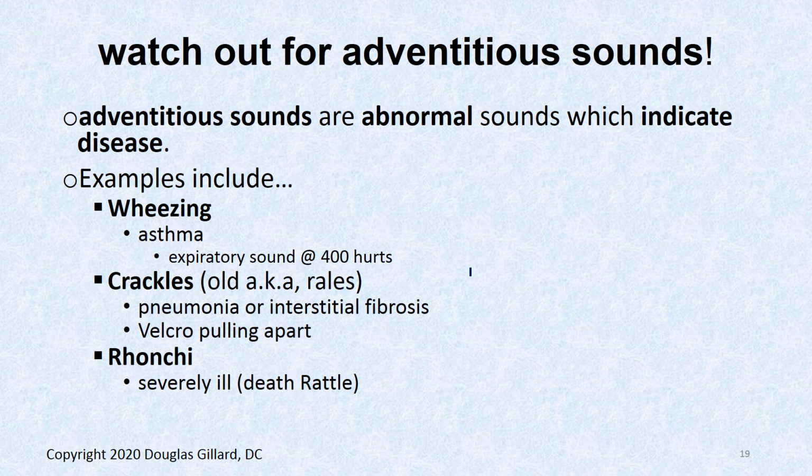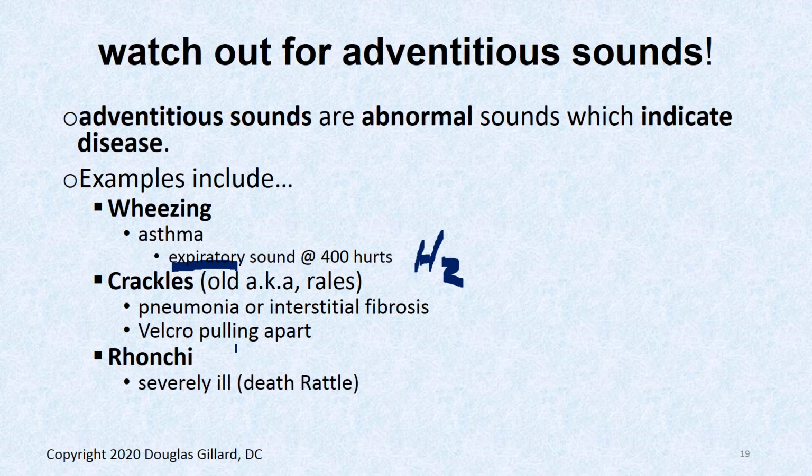Watch out for adventitious sounds. We'll talk about this more next time, but there's 3 main adventitious sounds. Wheezing is associated with asthma. It's a 400 hertz sound. It's only heard usually on expiration. Crackles sound like Velcro being pulled apart.